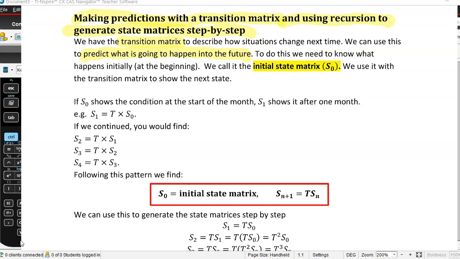To do this, we need to know what happens initially, at the beginning. So this is what we call the initial state matrix, the S0. You'll be familiar with that sort of idea. We use it with the transition matrix to show the next state.